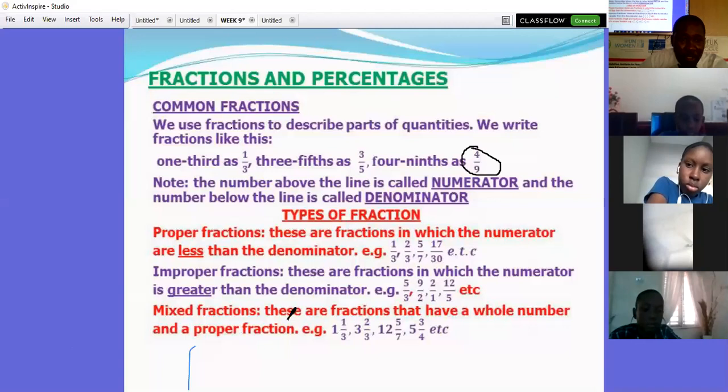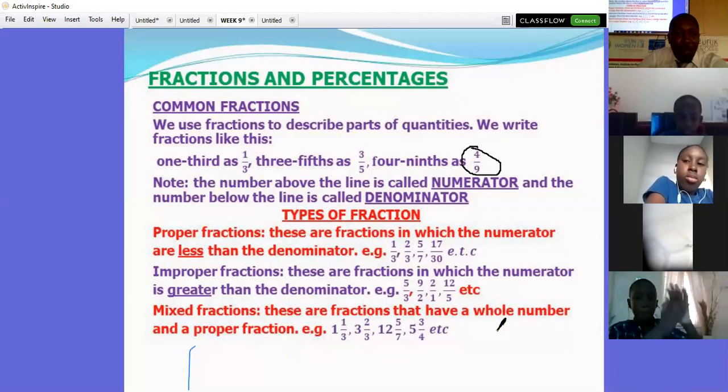The first one we have here is 1 whole number and 1/3. This is a whole number and a proper fraction. Then we have 3 whole number and 2/3, also a whole number and a proper fraction. We have 12 whole number and 5/7, and 5 whole number and 3/4. So these are examples of mixed numbers.